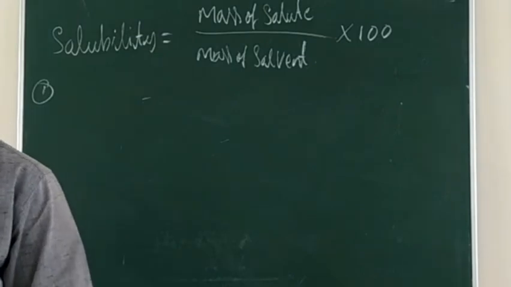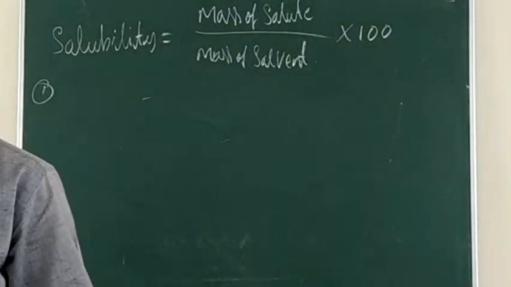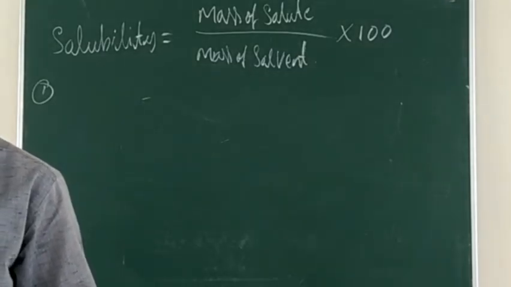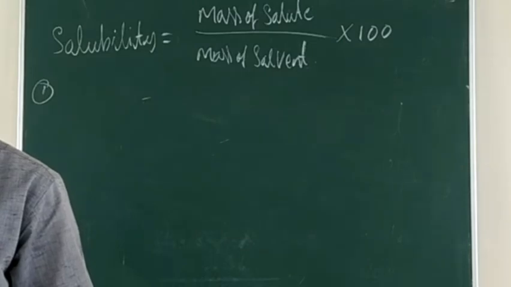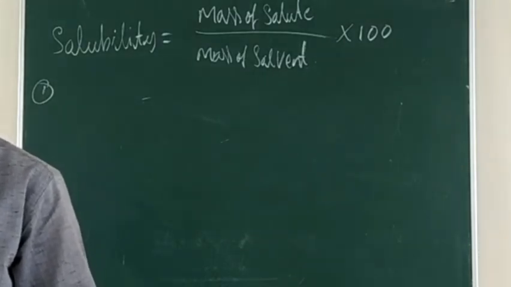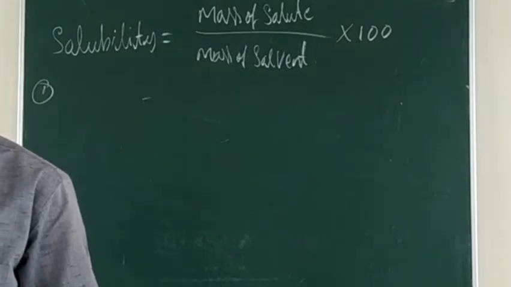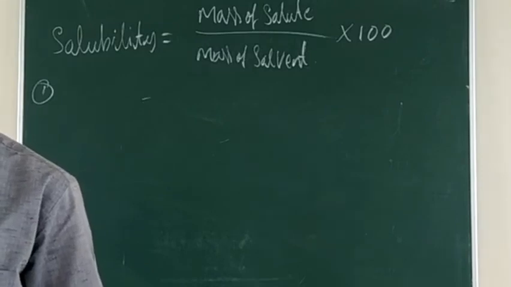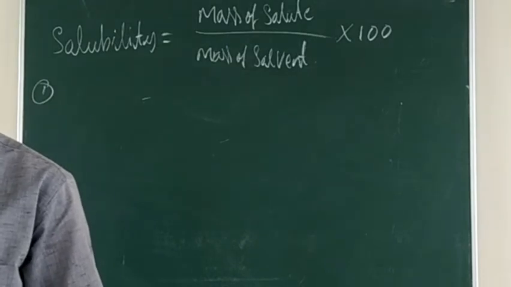A 12 gram saturated solution of potassium chloride at 20 degrees Celsius, when evaporated to dryness, leaves a solid residue of 3 gram. Calculate the solubility of potassium chloride. So you have 12 gram of solution. When it is evaporated to dryness, it leaves a residue of 3 gram.